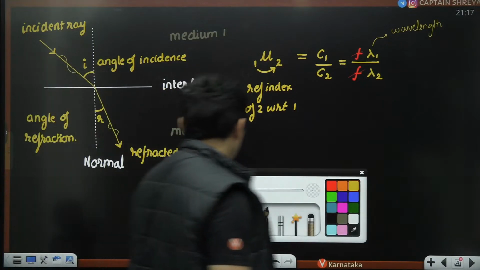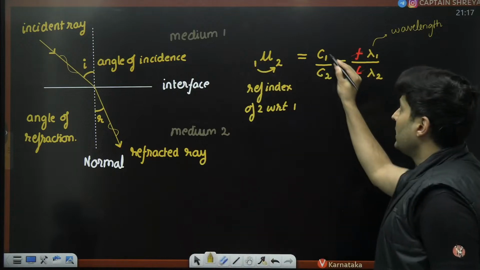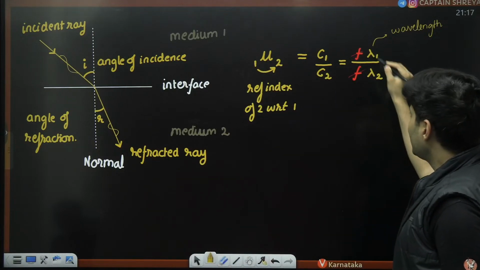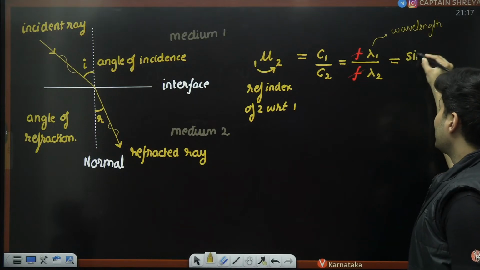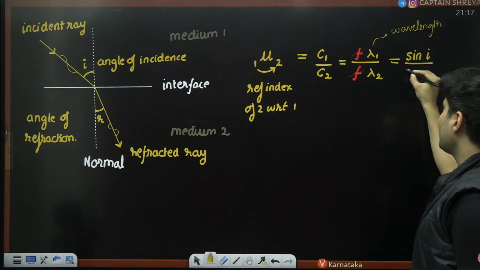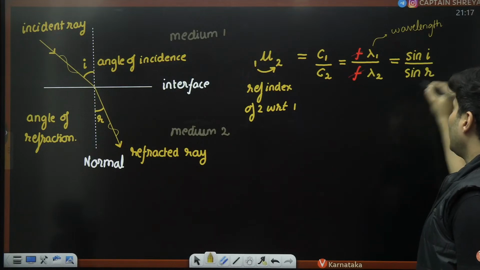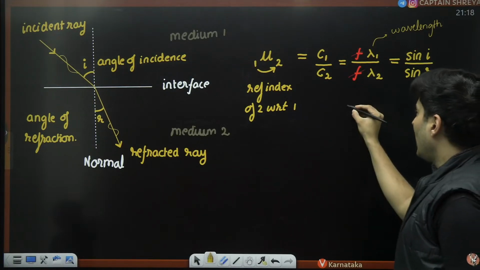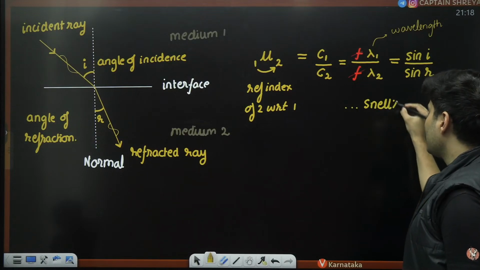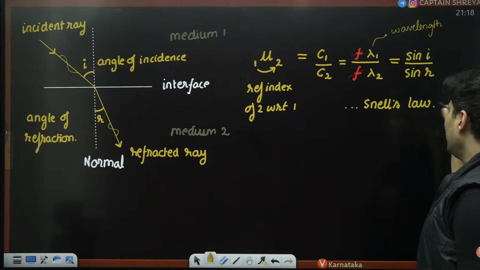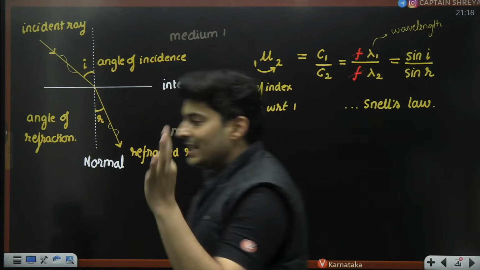Now, it was also found that this particular ratio C1 by C2, which is lambda 1 by lambda 2, happens to be sine of whatever angle of incidence is there and sine of whatever angle of refraction is there. And this is basically called as your Snell's law. What is this called? This is called as your Snell's law.